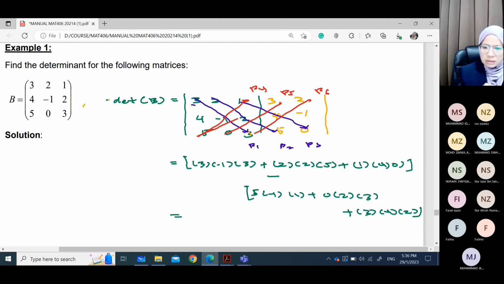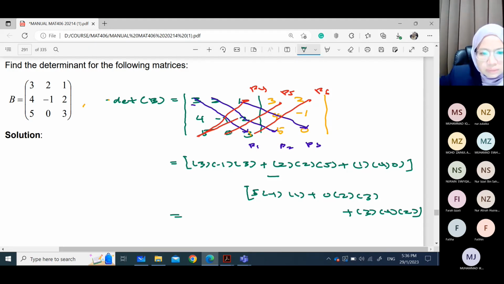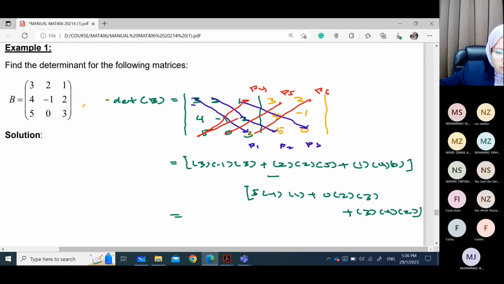And then plus times 0, 1, 140. So yang ni dapat kosong lah. This one is 11 minus second term. 5 times negative 1, negative 5. Berapa dapat? Plus 6. Plus 0. Kosong darab 2, kosong. Kosong darab 3, kosong. Macam tu. 3 kali 4, 12. 19.